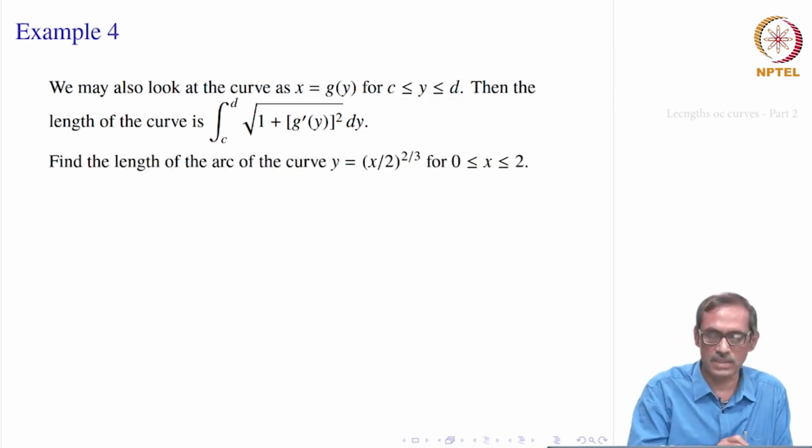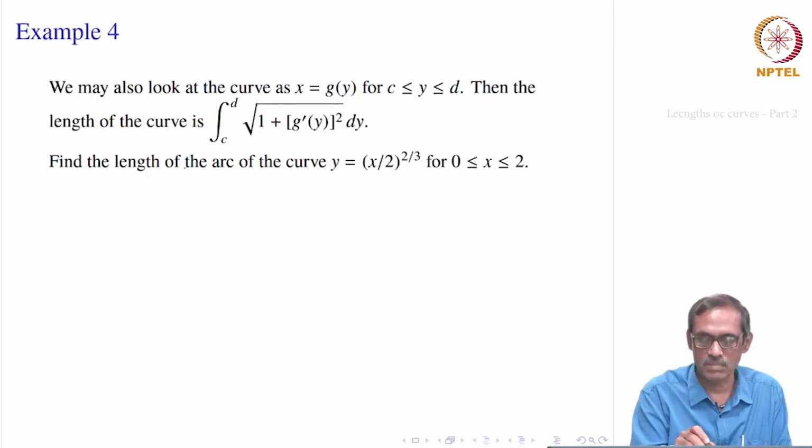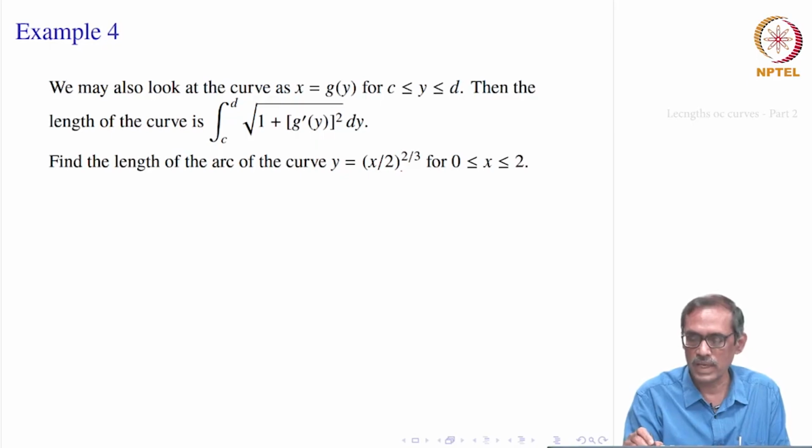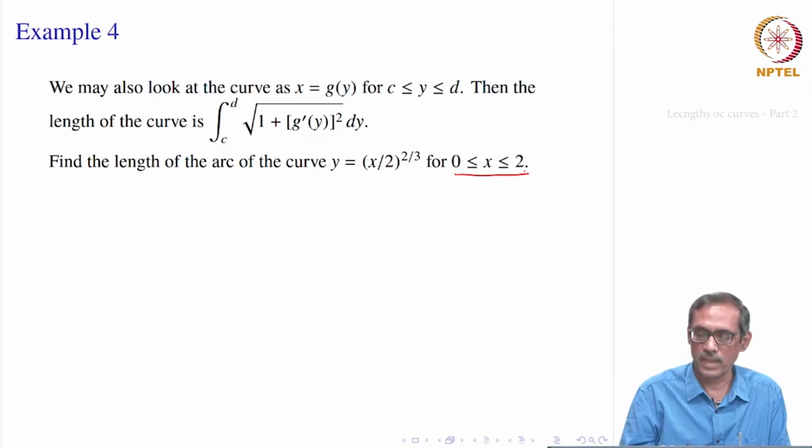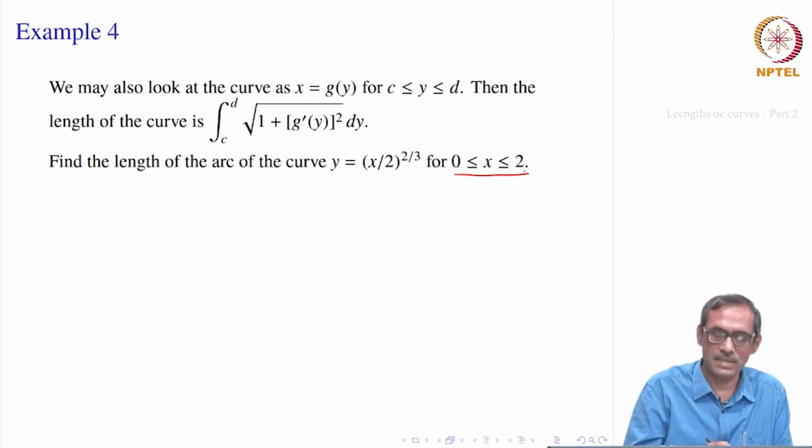So, let us use that in solving this problem. Here we are asked to find the length of the arc of the curve y equal to x by 2 to the power 2 by 3. The arc is defined when x varies from 0 to 2, that is how it is given. Okay. Now we look at it as a function of y.